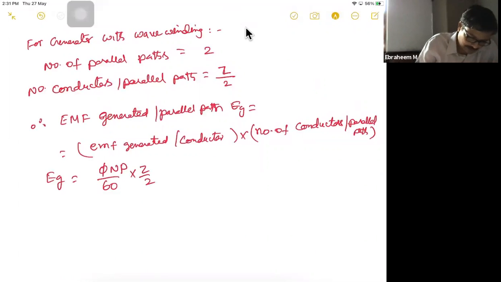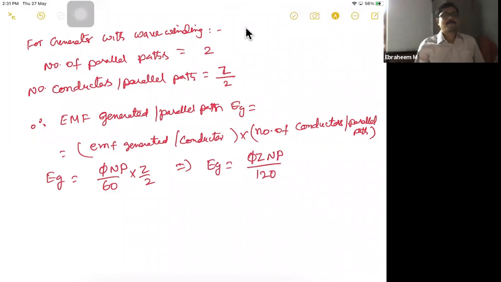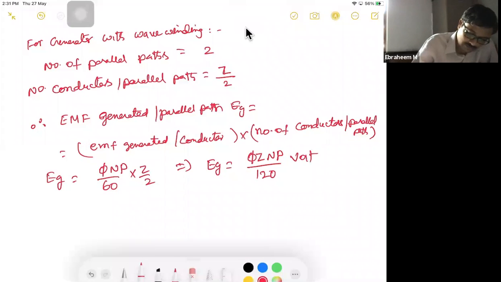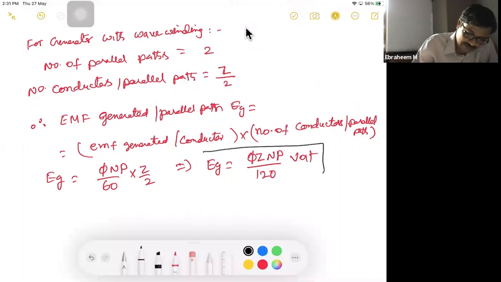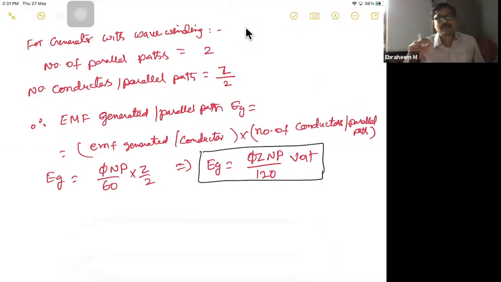That implies EG is equal to phi Z np by 120 volts. So this is the EMF generated per parallel path.